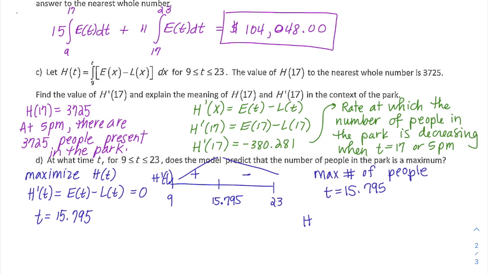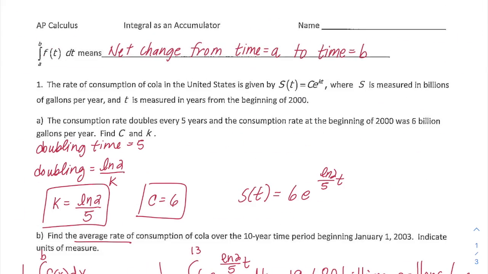And if you wanted to find out what that actual maximum value would be, it would be the integral from 9 to 15.795 of E of x minus L of x dx. And we get for that value, I have it written down here, 3,951 people. Oops, sorry about that.